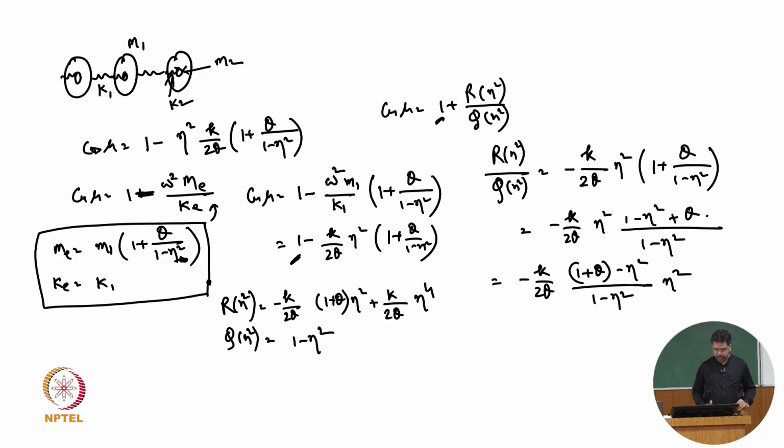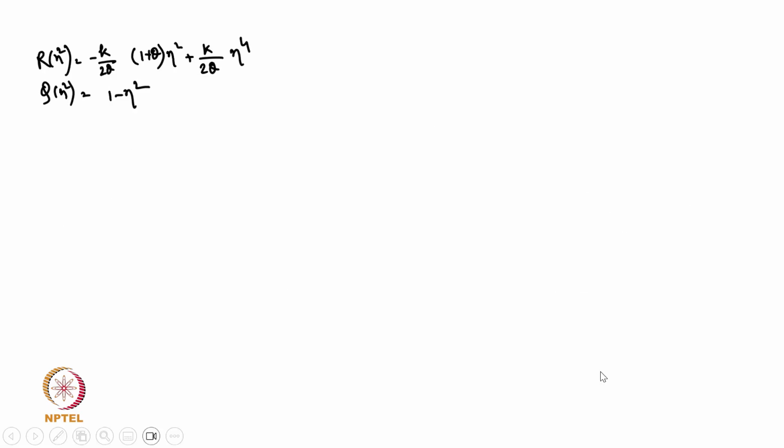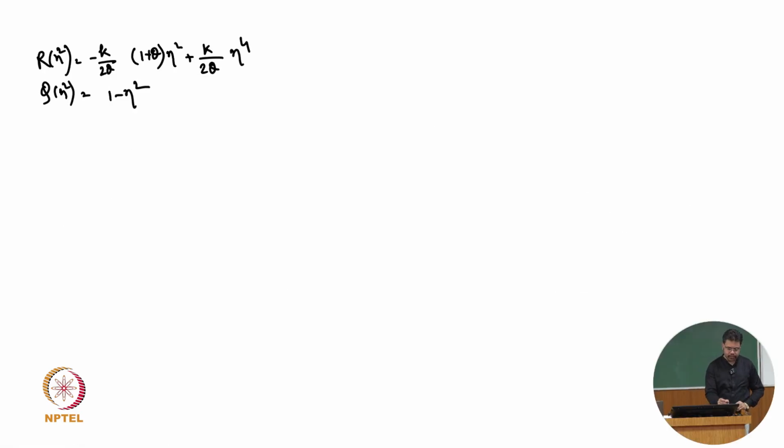Now for the band boundary, what is coming here? If I try to calculate the band boundary, I will get r eta square plus 2q eta square equal to 0. So that's my first equation.